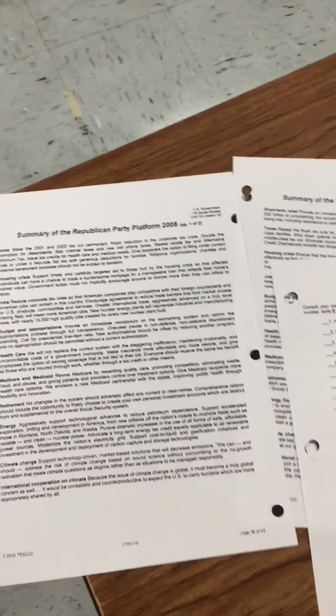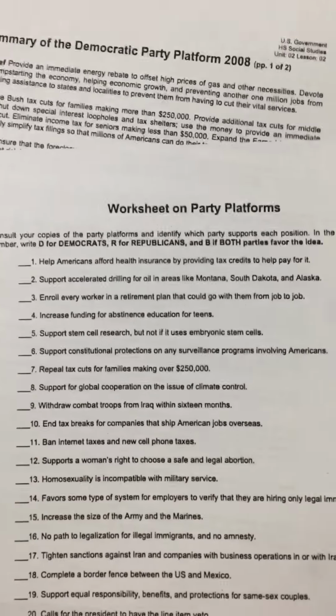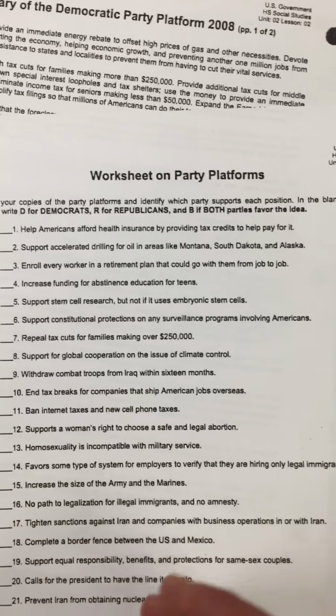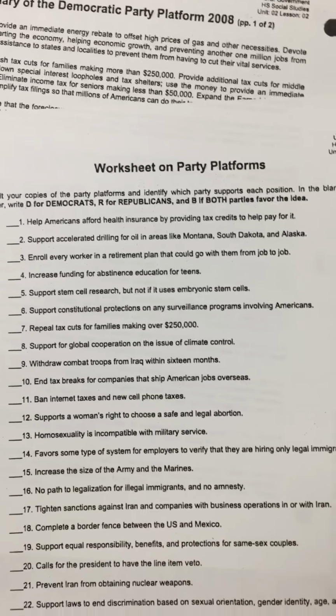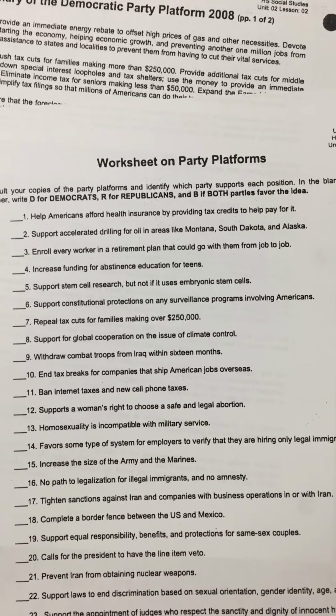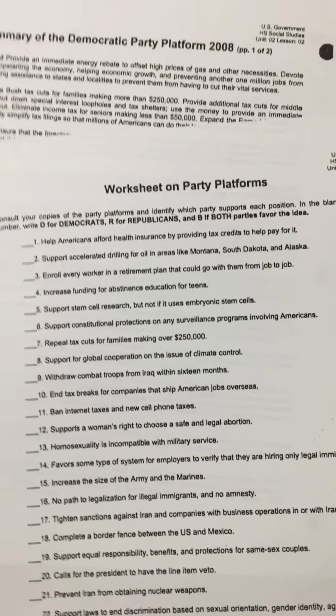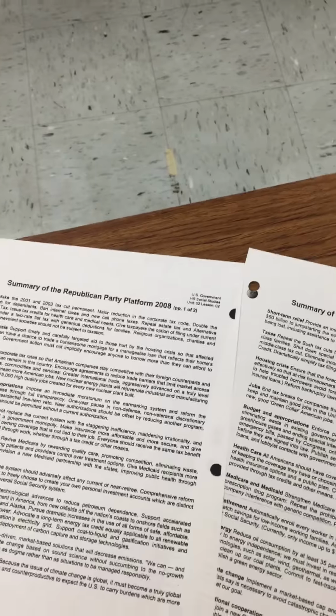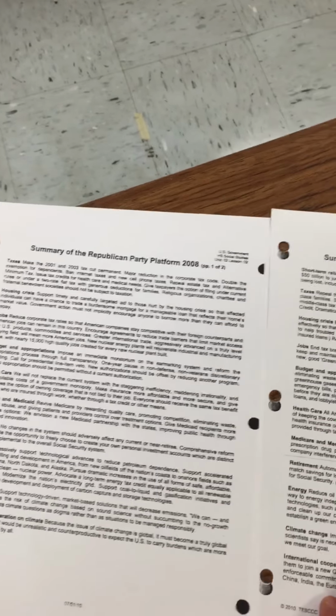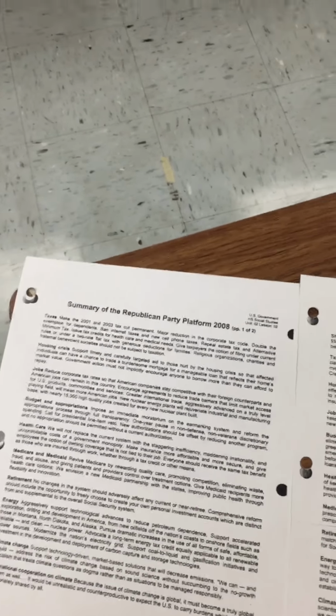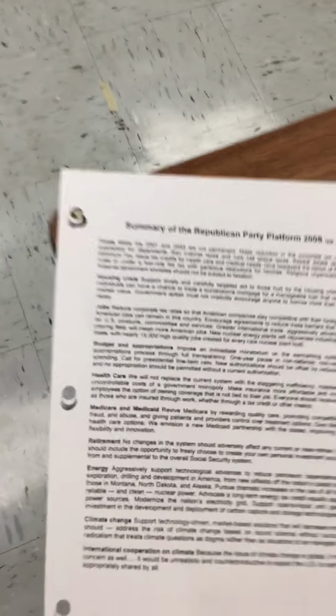Now let me give you another example. This will be number 2 on the paper. It may not be your number 2 on Google Classroom, but number 2 says support accelerated drilling for oil in areas like Montana, South Dakota, and Alaska. So on this particular one, figure out which topic first. The topic that you're going to be looking for is energy.